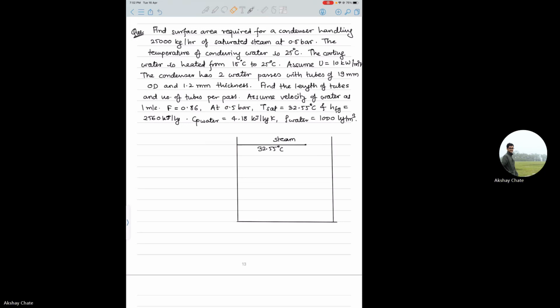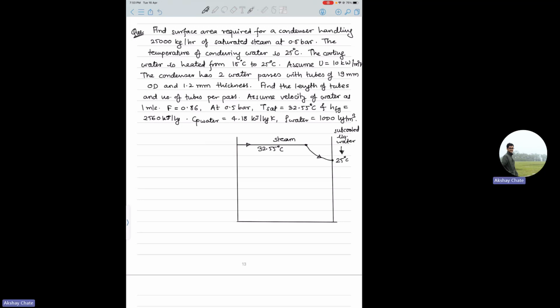So there will be a slight temperature drop like this, and you'll end up at 25 degrees Celsius. Another question can be at what length this happens, but this is not asked in the question, and some other information is also required. So this is your subcooled liquid water.